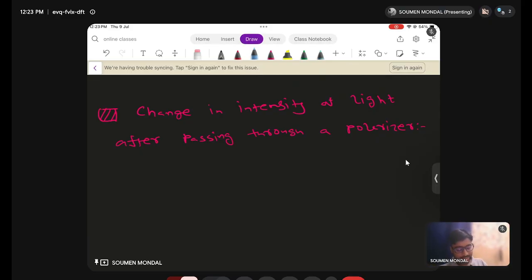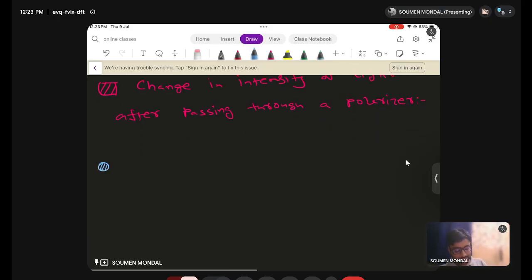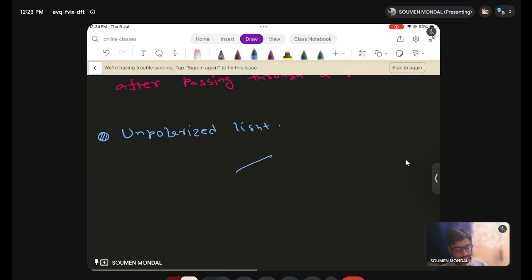First case, let's say we have an unpolarized light passing through a polarizer. That can be a polarization film, or something we call a Nicol prism. Polarizer film is actually in our good quality sunglasses.